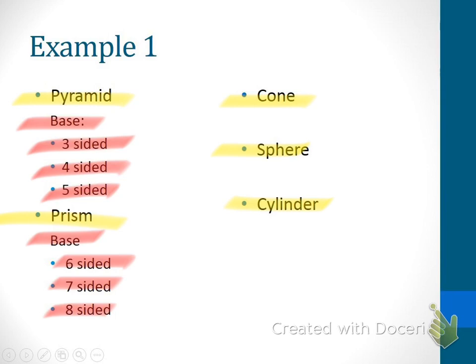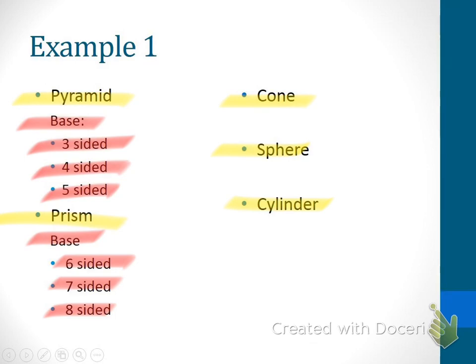So if it's a 5-sided base, it would be a pentagonal prism. If it's a 7-sided base, it would be a heptagonal prism or pyramid. Cone, sphere, cylinder, which is what it is. Just make sure you know your 5 types of solids and how you classify pyramids and prisms.